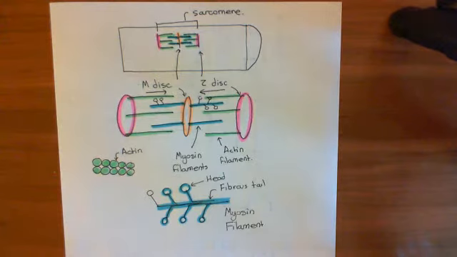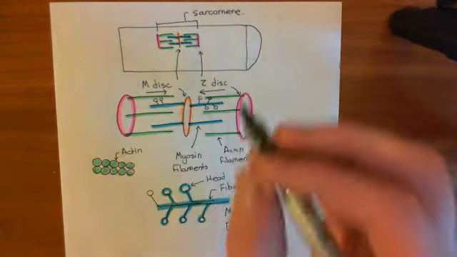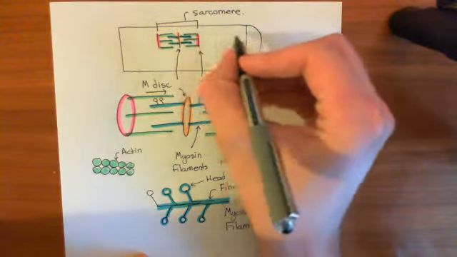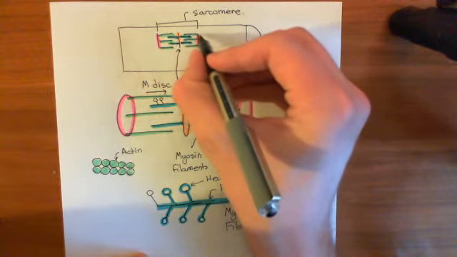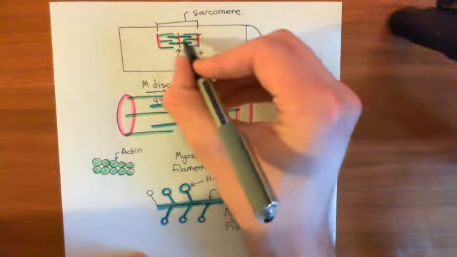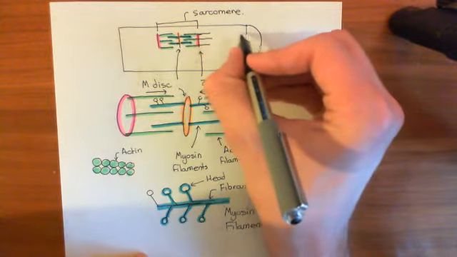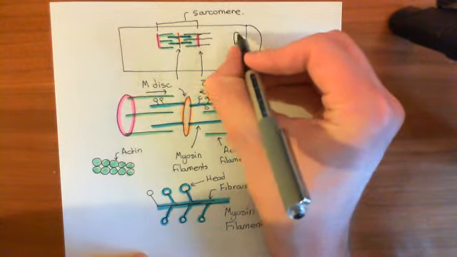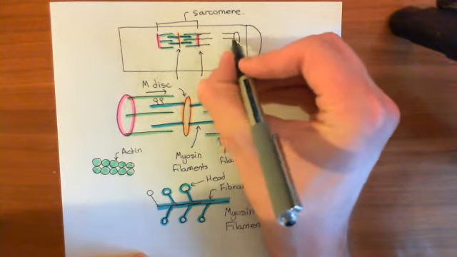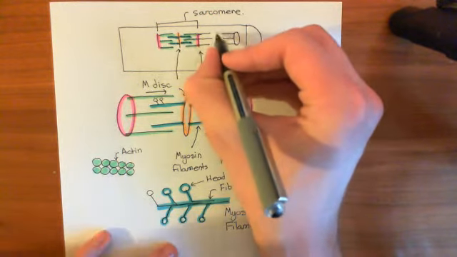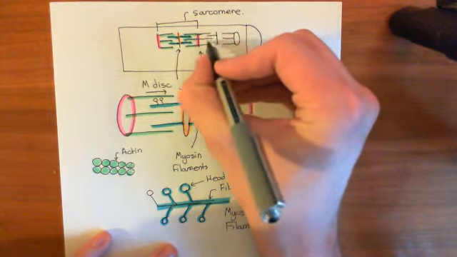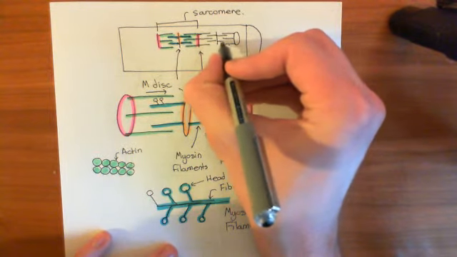Now, how does this lead to the contraction of the whole cell? Well, effectively what you have is whole rows of sarcomeres. So these Z discs won't just have actin going one way, they'll have actin going the other way too. Then you'll have another Z disc further along, which will also have more actin here, like so. And in between you'll have another M disc with its myosin filaments here.